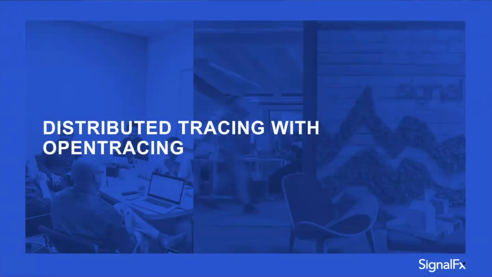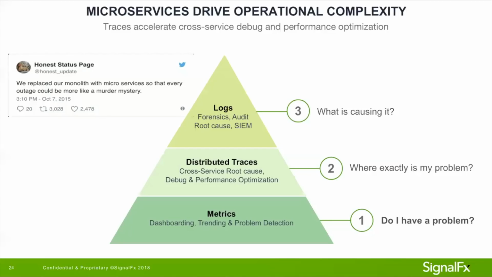Distributed tracing is ideal for this use case. So this tweet here on the Party account on the status page went viral a few years ago because it really rings true. It's a particularly humorous take on the challenge of monitoring and operating microservices at scale. As we start to break up our old monolithic applications into more flexible and elastic architectures with microservices, functions, etc., it becomes really difficult to make sense of traditional monitoring systems like metrics and logs.